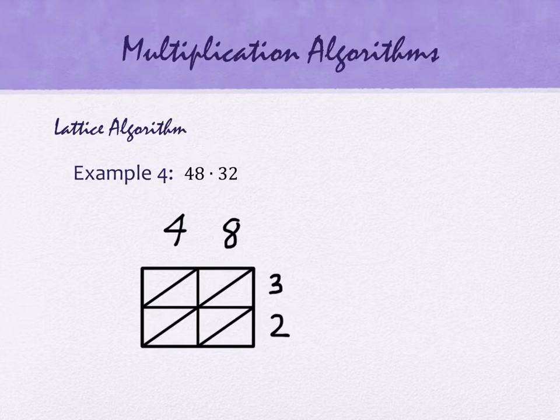So the tens place goes on the top, the ones place goes on the bottom. So this is 1, 2, 12. Okay? 8 times 3 is 24. 4 times 2 is 8, so I only use the bottom box because I don't have a two-digit number. And then 8 times 2 is 16.